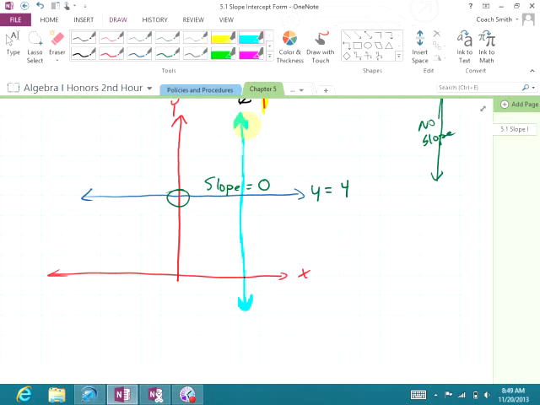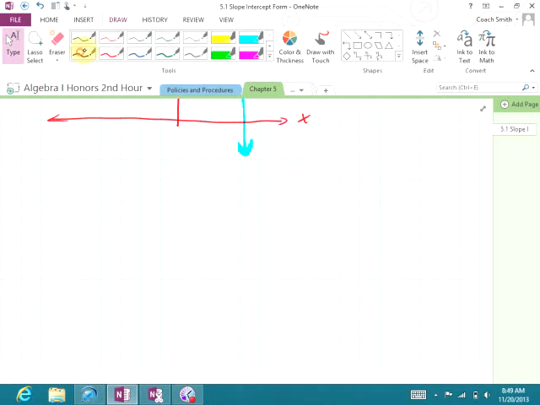All right, let's look at number 30. It says in exercises 30 through 32, write a linear equation to model the situation. Use unit analysis to check your model.